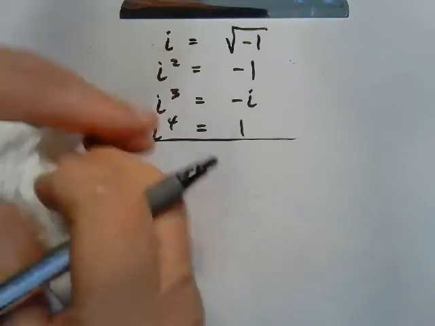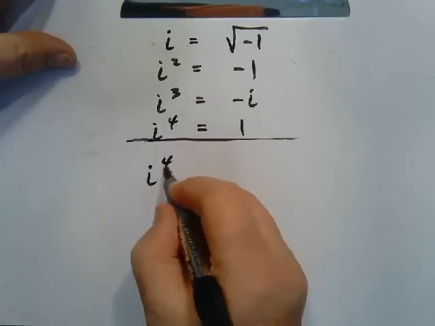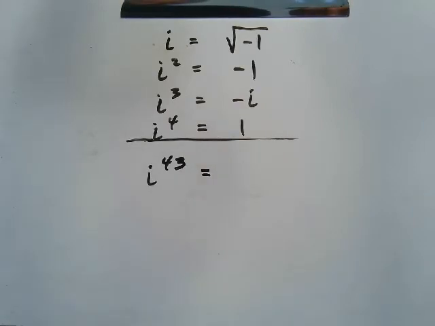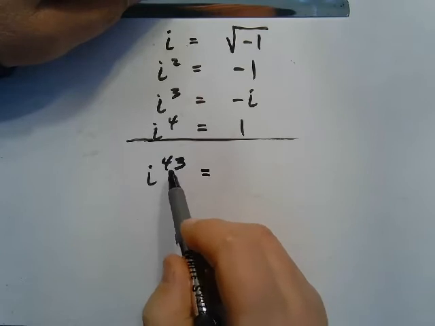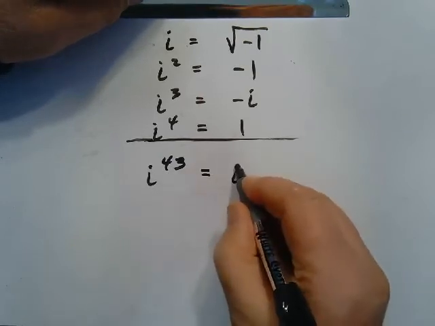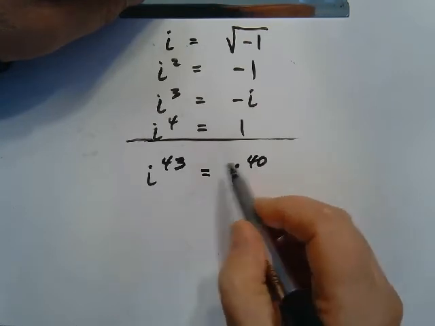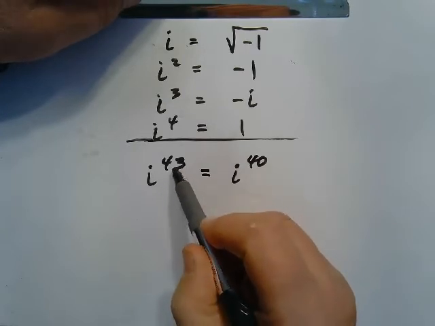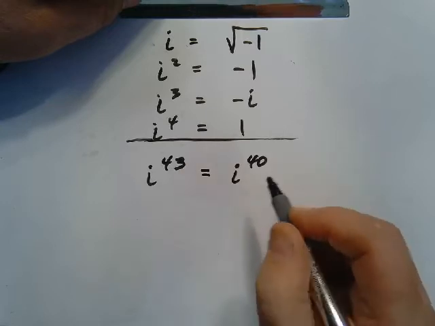What would it be if somebody asked you for i to the 43rd? Okay. Well, what I'm looking for here now is the highest multiple of 4 that's just less than 43.